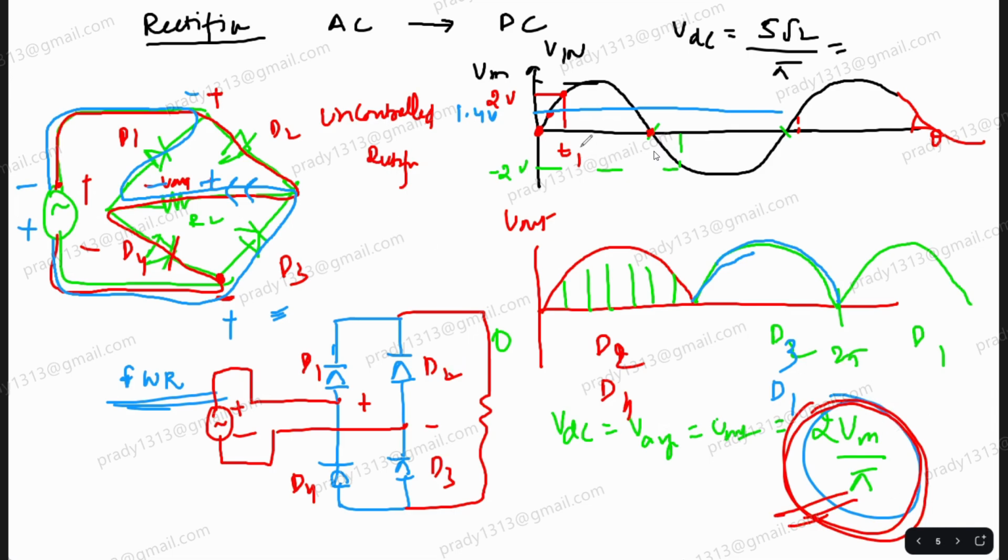What if I increase the input frequency? What will be the effect on the output voltage? Same, sir. Are you sure?